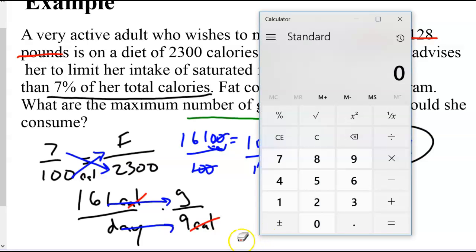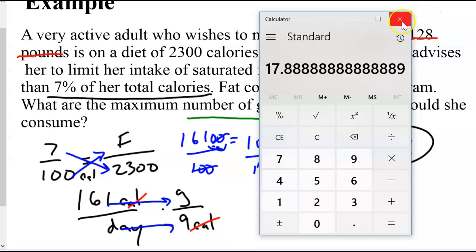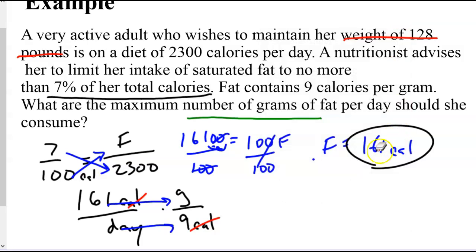And so we have 161 divided by 9 equals 17.888888. All right, but we also know that we have significant values being in the ones place.